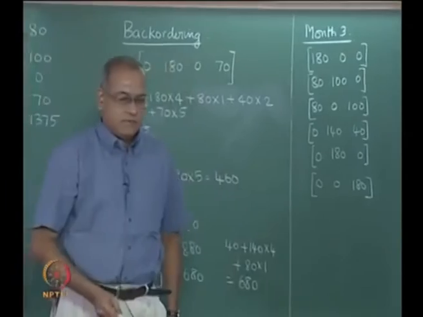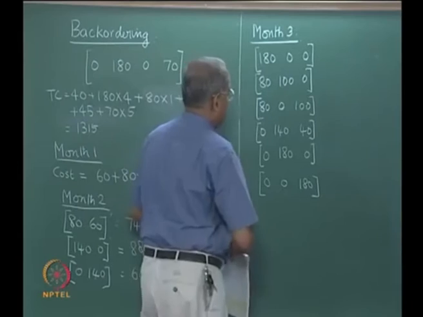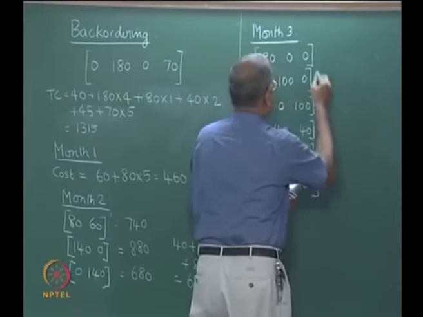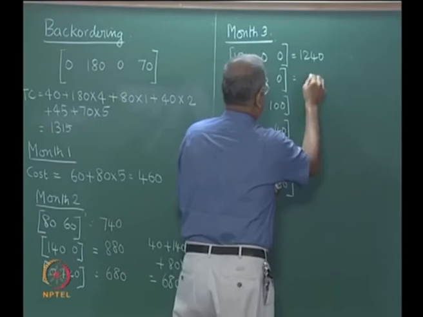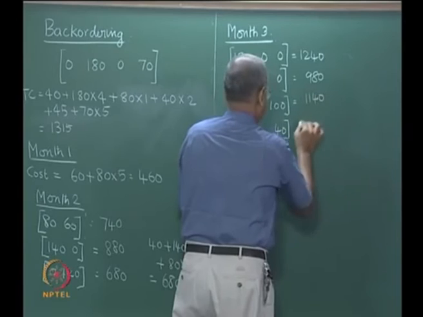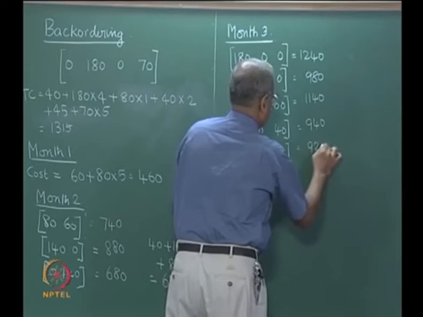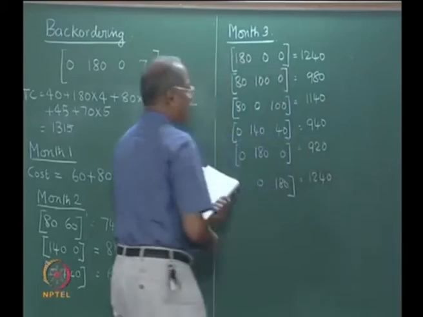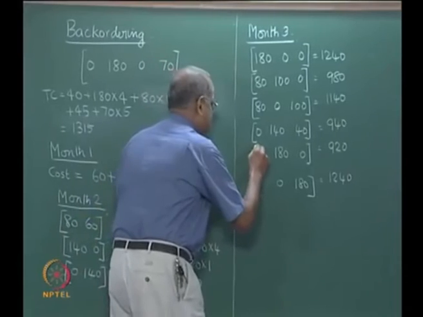So, let us look at finding out the cost in two such instances. So, we will show the computation. For 180/0/0 the cost is 1240, for 80/100/0 it is 980. So, let us explain the computation in detail for a couple of instances.